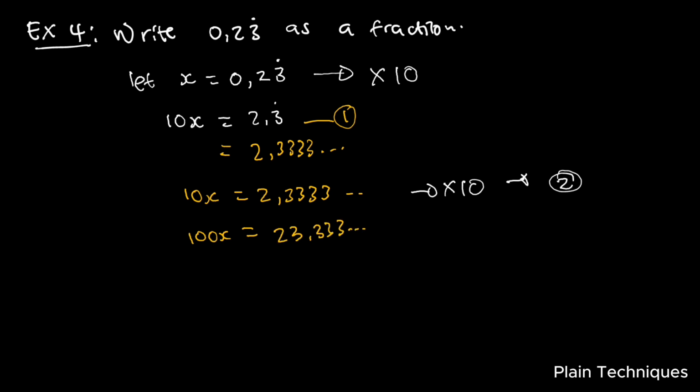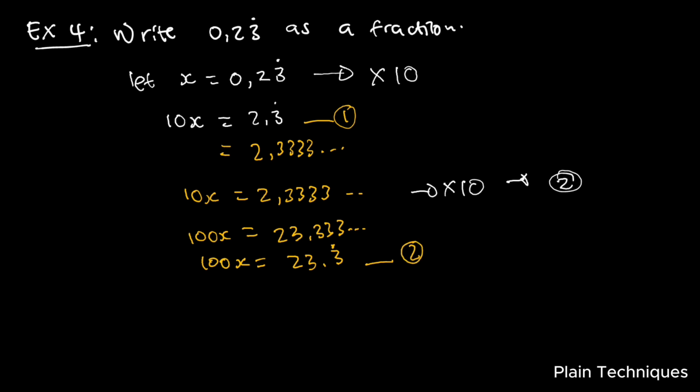So I'm going to rewrite the right hand side as 23.3 with a dot there, which simply means that it's a recurring decimal. Therefore, I can call this my equation 2.